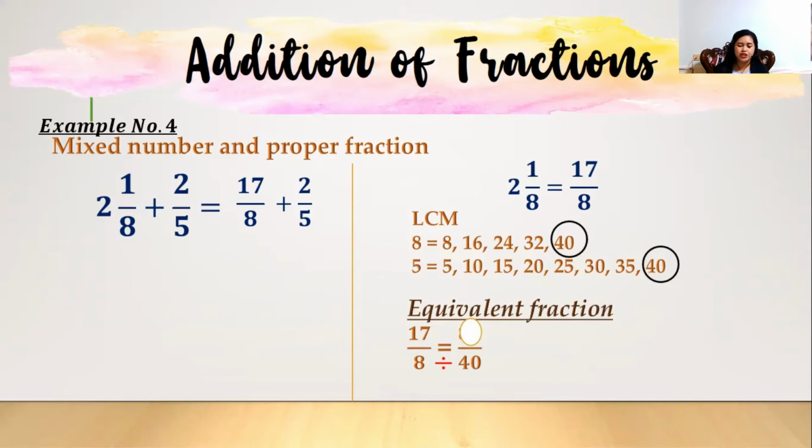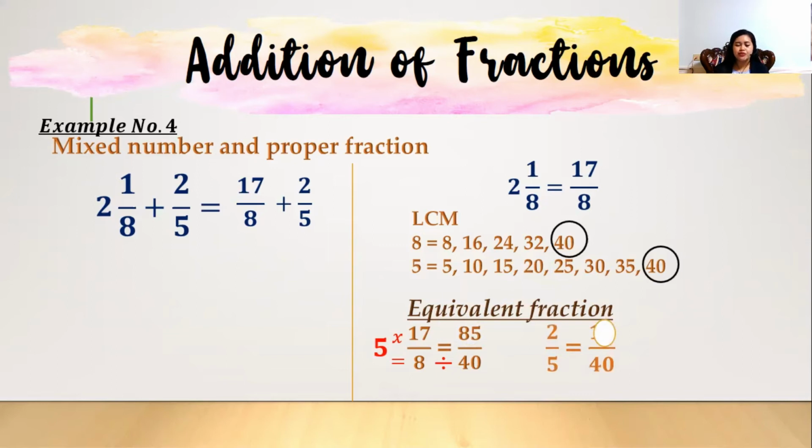So we have 40 divided by 8, that would be equal to 5, and then the result must be multiplied to our numerator, which is 17, so that the equivalent fraction of 17/8 is 85/40.